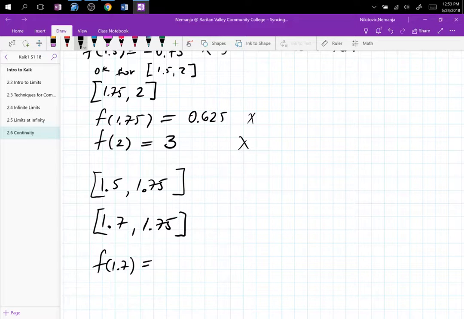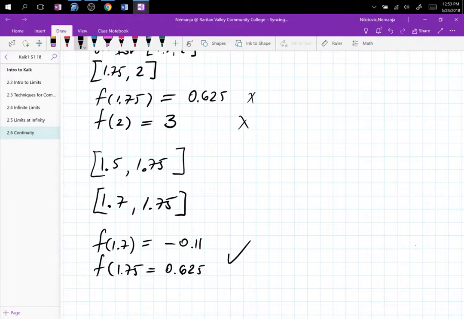So 1.7 squared minus 3 is negative 0.11, and f of 1.75 was positive 0.625. You see, one is positive, one is negative. So yeah, that's good. But look what you have. You have that the number that you are looking for is between 1.7 and 1.75. You just discovered another digit for your answer, because it must be 1.7.